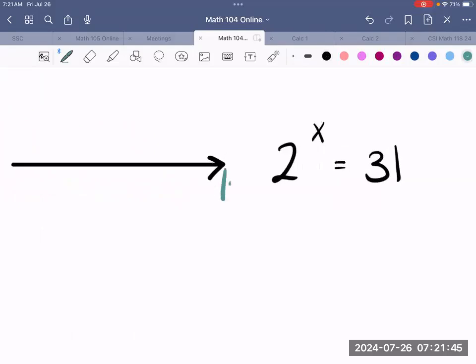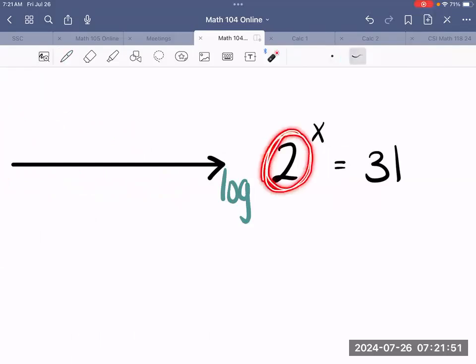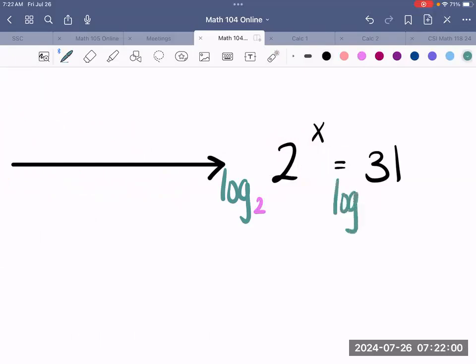What that's going to look like is I'm going to write log, and I'm going to match the base of the exponential. So our base being 2, I'm going to write a 2. What you do to one side, you do to the other. So I'm going to write that same thing on the other side.